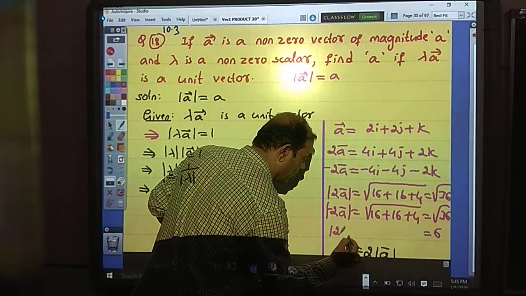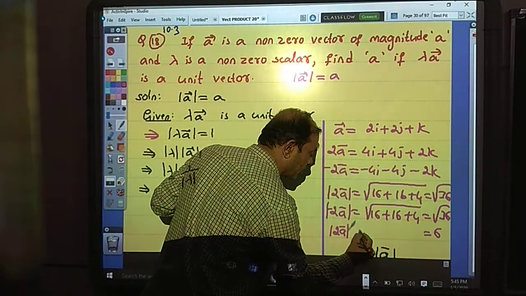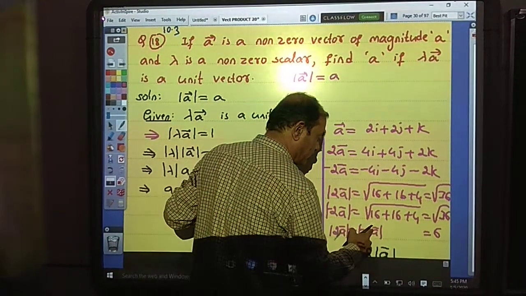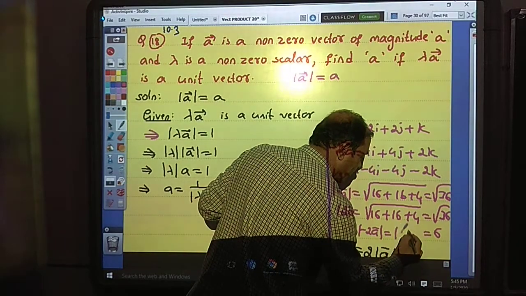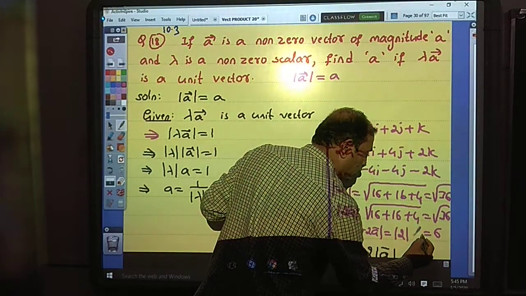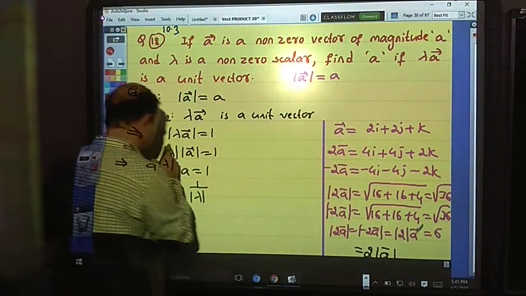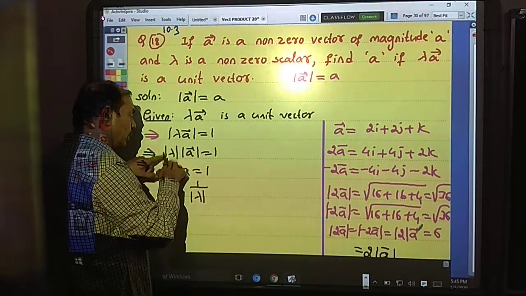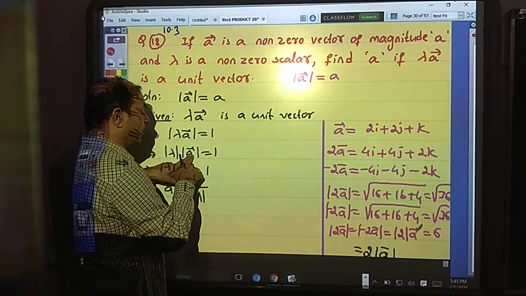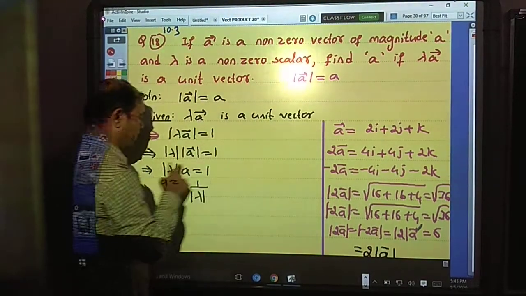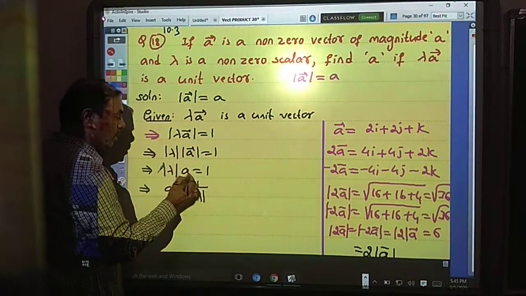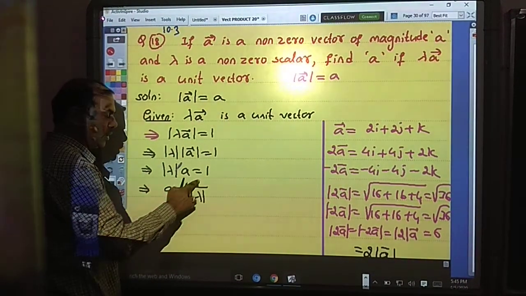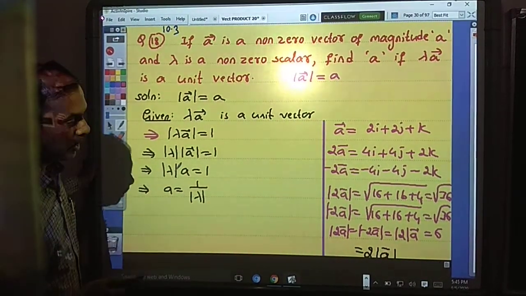The magnitude of 2a and the magnitude of minus 2a are the same, but 2 and minus 2 are different. So that is why I write the absolute value of lambda into the magnitude of the vector a equal to 1. The absolute value of lambda, and the magnitude of the vector a is small a, this is given. So a equal to 1 by lambda.